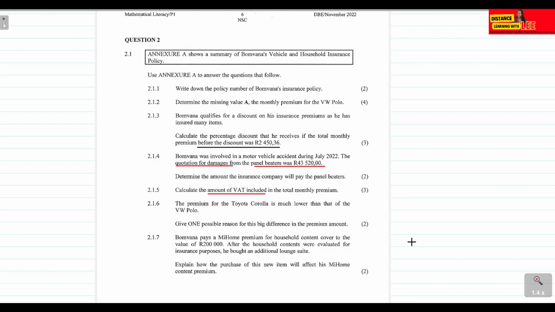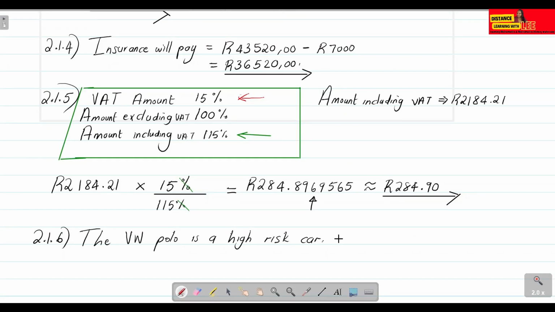Or you can just say the premium for the Toyota Corolla is much lower than that of the VW Polo because the VW Polo costs more than the Toyota Corolla. Either one of those answers will be accepted. But I'm going to use that the VW is a high risk car, so because of that, its premiums will be higher. Let's write that down. So the VW Polo is a high risk car.